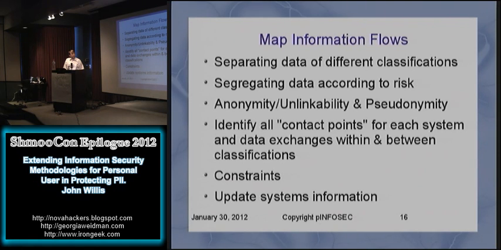And then once you have all that, look at separating the data by classification, then by risk, and looking at the concepts of anonymity, pseudonymity, laying it out by its location, and identifying all the boundary points, contact points where information goes from one location to another or may cross from one classification to another.